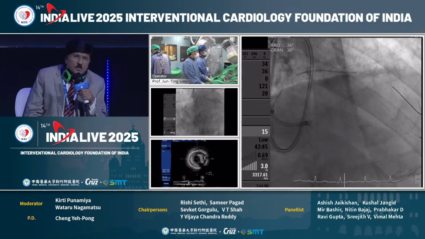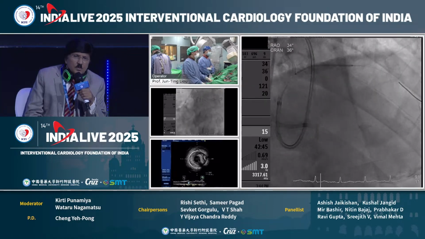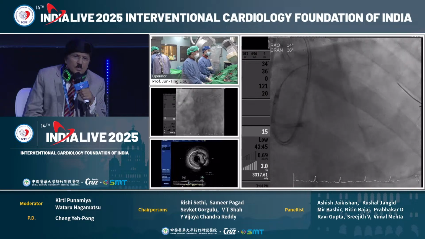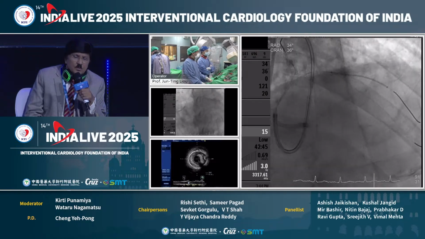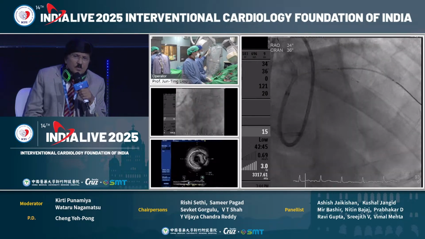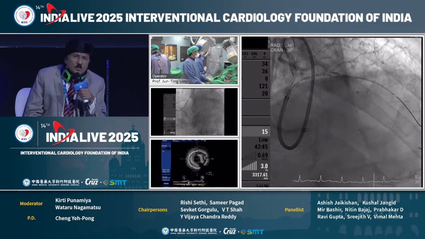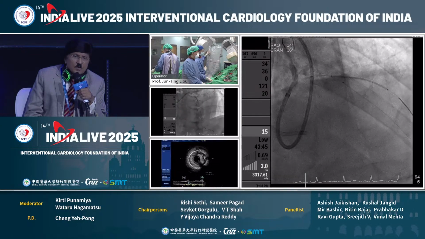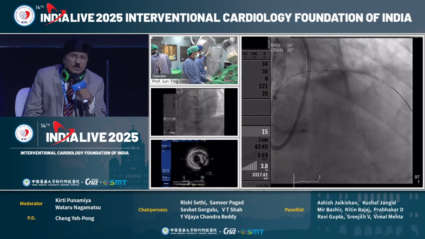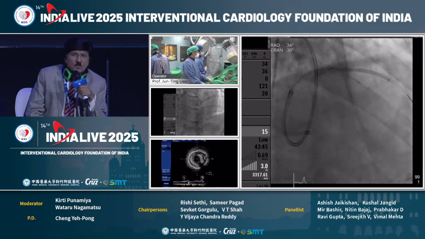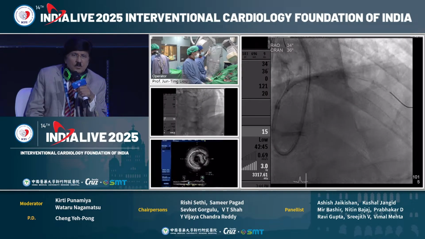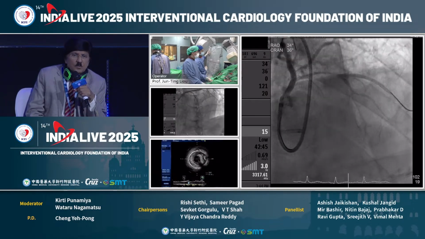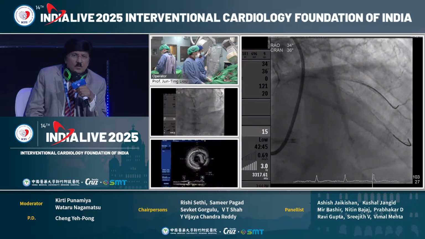So we put a Cruise stent here. We can see the beautiful movement of the stent down to the distal LAD, and we may use another balloon for crushing. Then we use the mini crush technique to deploy the diagonal stent and make a mini crush. And this is the result of the mini crush.